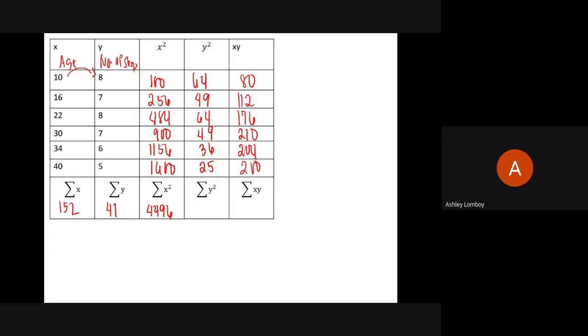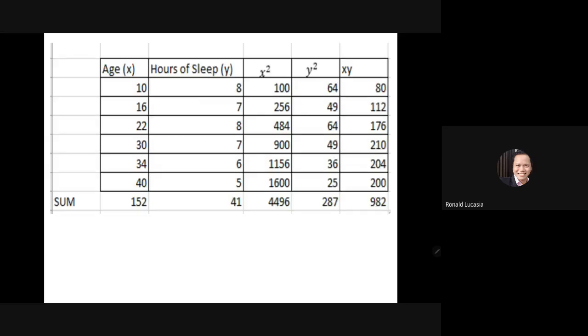That's correct. And last, the summation of xy. 982 po. Very good. Okay, so I computed it earlier, so that's the result: 152, 41, 4,496. Same naman.